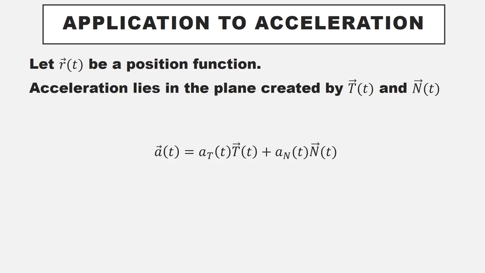One piece in the direction of the unit tangent and one piece in the direction of the unit normal. But it's also an equation where we have essentially 5 unknowns. The acceleration vector is an unknown. The unit tangent vector is an unknown. The unit normal vector is an unknown. A sub t is unknown. A sub n is unknown.